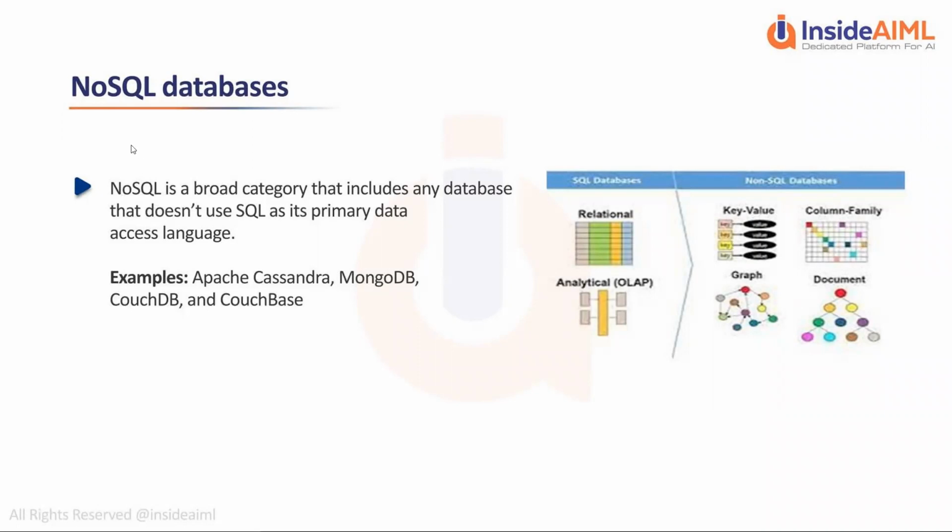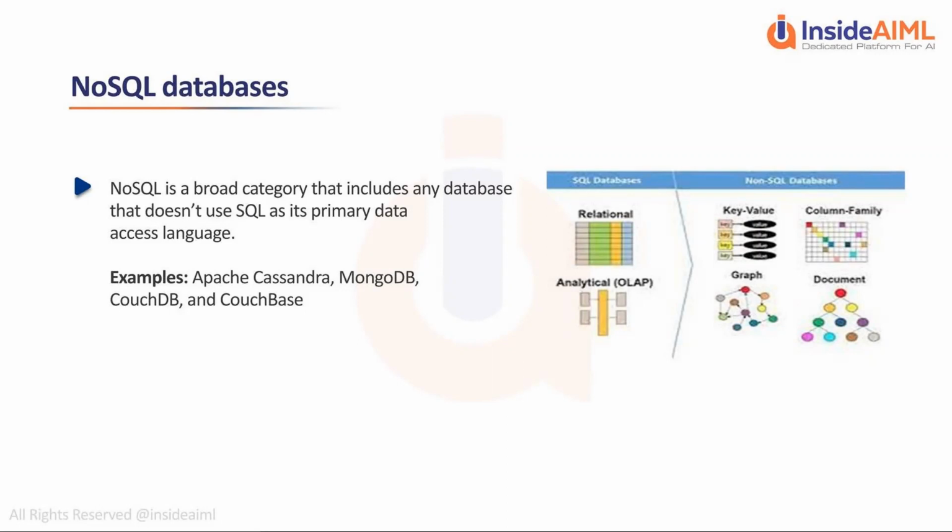So we have something known as a NoSQL database. Okay, NoSQL means not only SQL. It does not mean that you're not going to use SQL. It means not only SQL. So NoSQL is a broad category that includes any database that does not use SQL as its primary data access language.